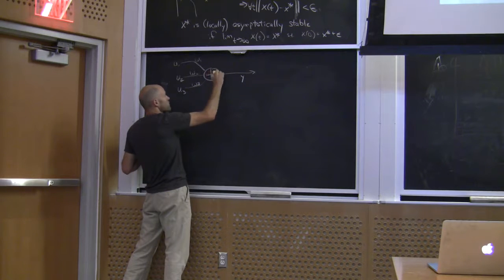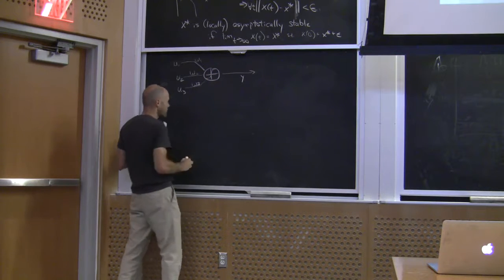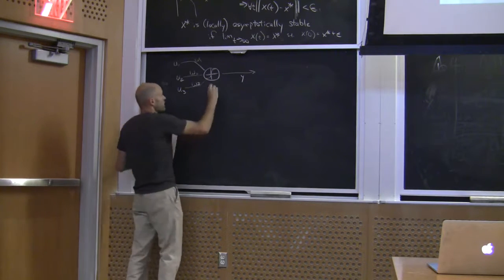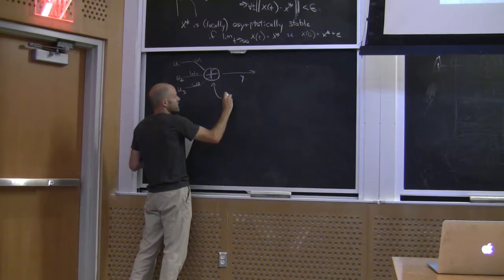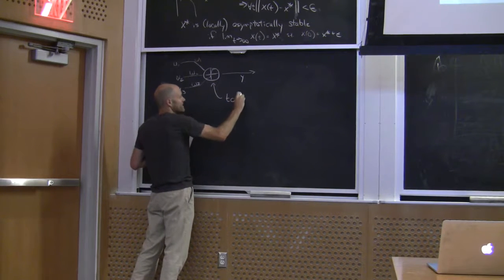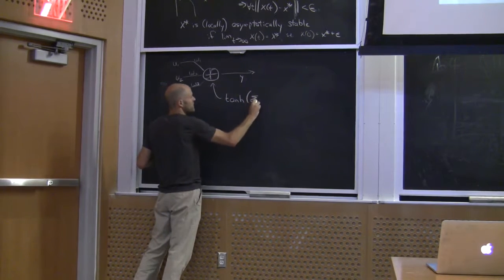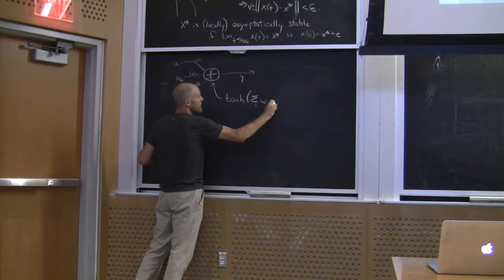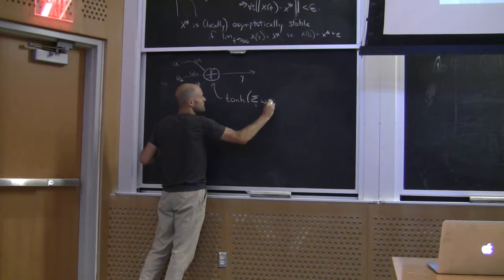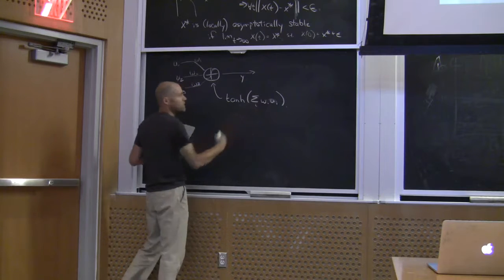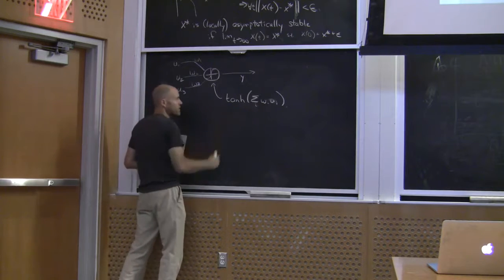So a lot of times we model the inside as some sum and some rectification kind of term. One model for this would be something like tanh of the sum over i of w_i u_i. Okay, so I sum in all my inputs, a weighted sum, and then I put it through a tanh.